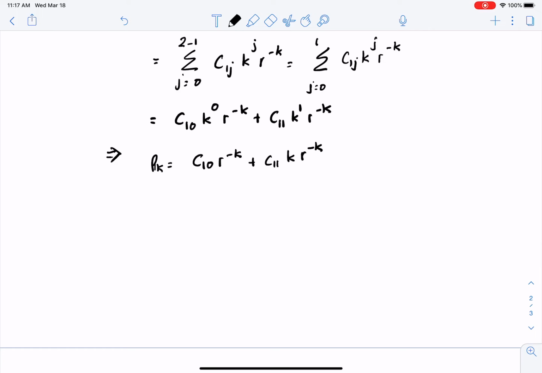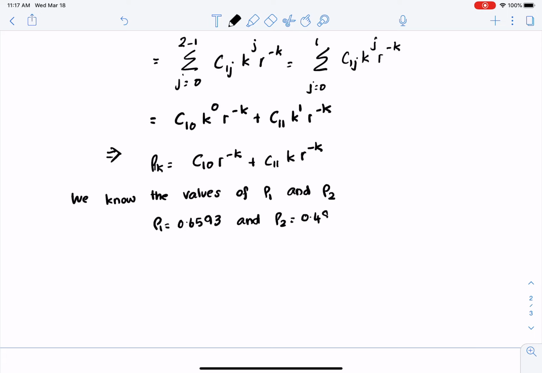There are multiple ways to solve this, but the best way would be to use matrices again. So we know the values of rho 1 and rho 2. It's given in the problem. Rho 1 is 0.6593 and rho 2 is 0.4856.